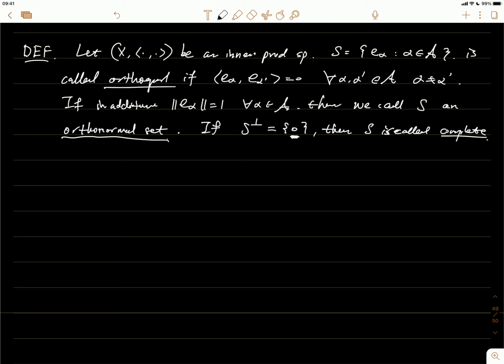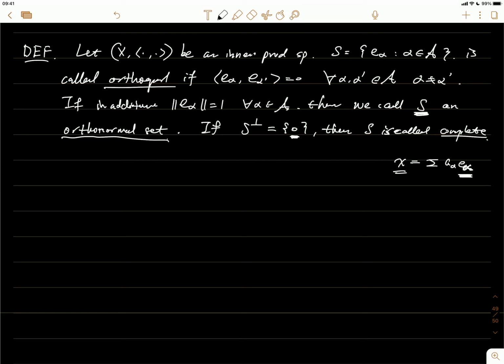But if we want to get a basis, we hope to represent any vector in X using the vectors in S. That means we want S to be a basis. So for any x, we can write it as the sum of a_alpha E alpha, where a_alpha is a coefficient and E alpha is a term in S. If we can write any x in this way, then S has the property that we hope for.